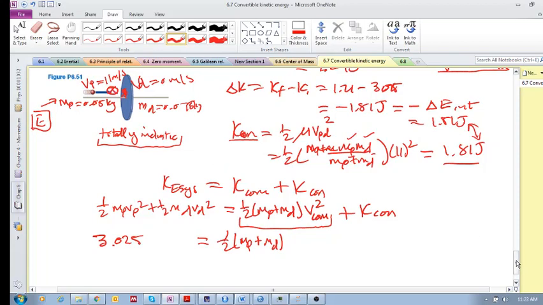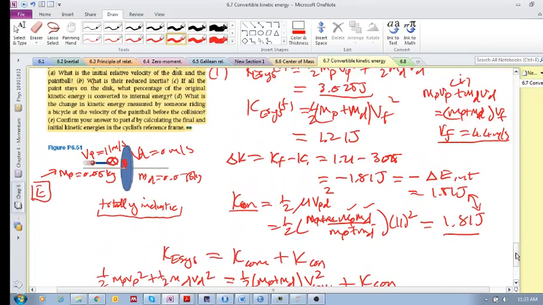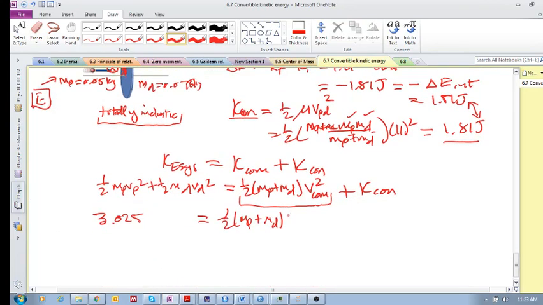It is exactly the same as calculating the final velocity: m_p v_p plus m_d v_d over the total inertia. We've got the velocity of the paintball, and the velocity of the disk is 0. We calculate this, we should get 4.4 meters per second. Okay, so we've got that v center of mass squared.